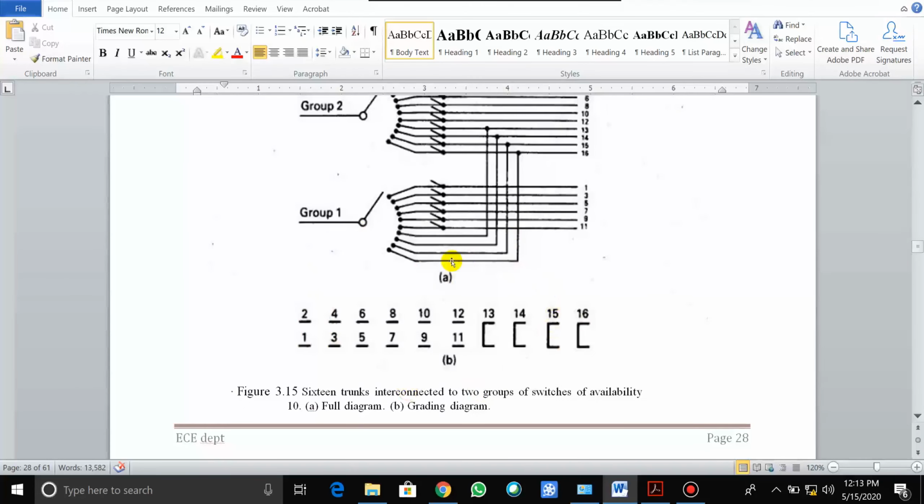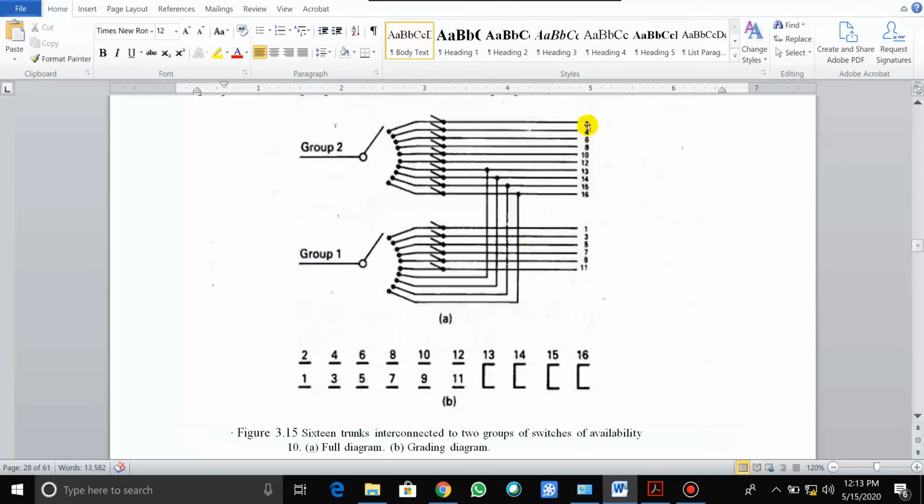So here you can see 1, 2. 1 and 2 is as it is, 3 and 4 is as it is, 5 and 6 is as it is, 7 and 8 is as it is, 9 and 10 is as it is, 11 and 12 is as it is. But for 13 and 14, it is represented like this.